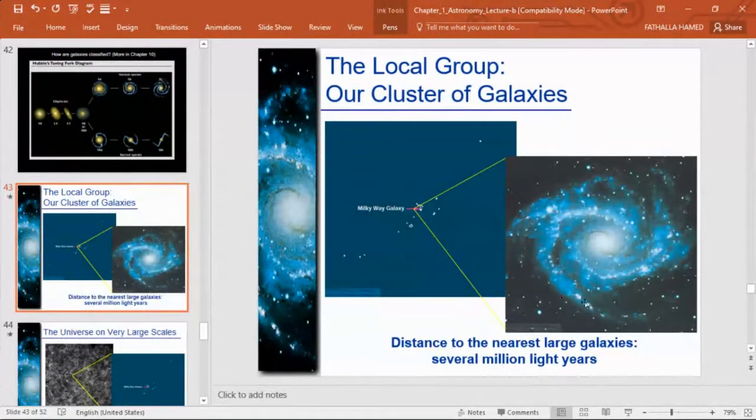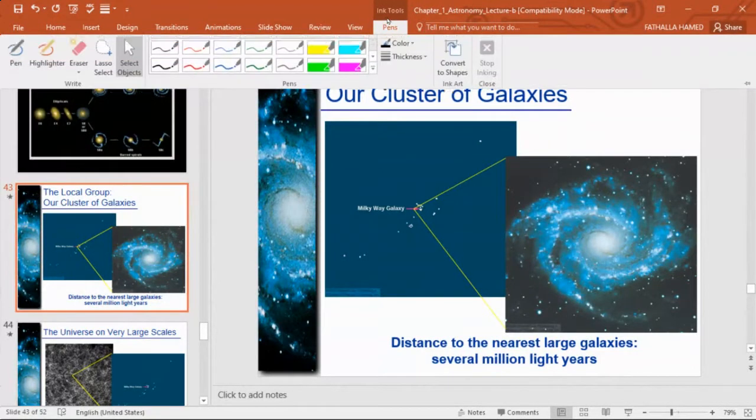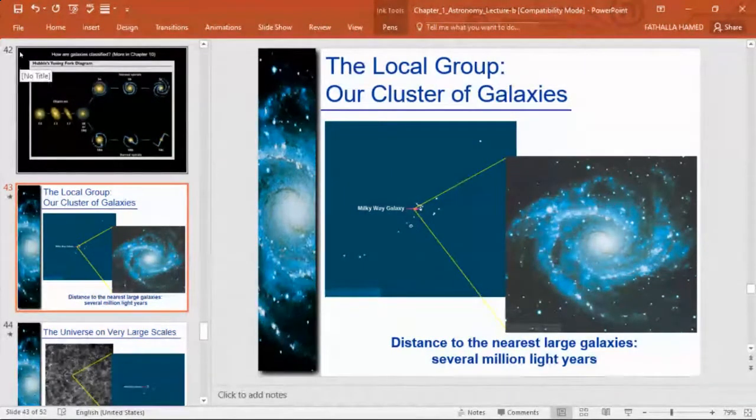Now, our own Milky Way galaxy has some neighbors, and this is what we call the local group. The local group is a cluster, and you know what a cluster is. A cluster means it's a group of galaxies, probably about 22 galaxies. One of them is the Milky Way galaxy.